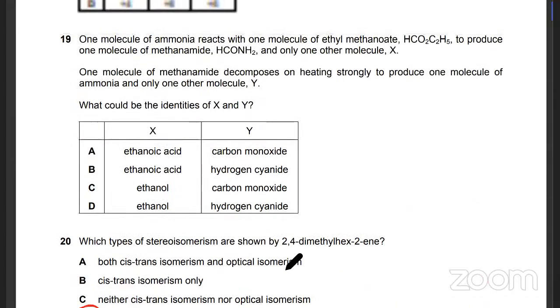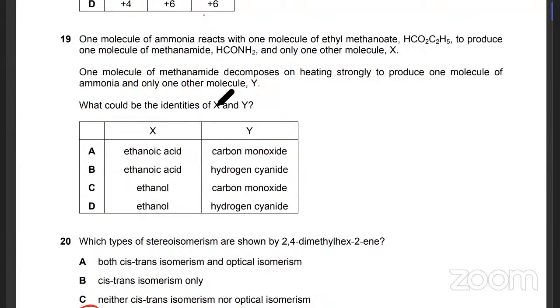The previous one is: 1 molecule of ammonia reacts with 1 molecule of ethyl methanoate to produce 1 molecule of methanamide and only 1 molecule of X. 1 molecule of methanamide decomposes on heating strongly to produce 1 molecule of ammonia and only 1 molecule of Y. So what could be the identities of X and Y?